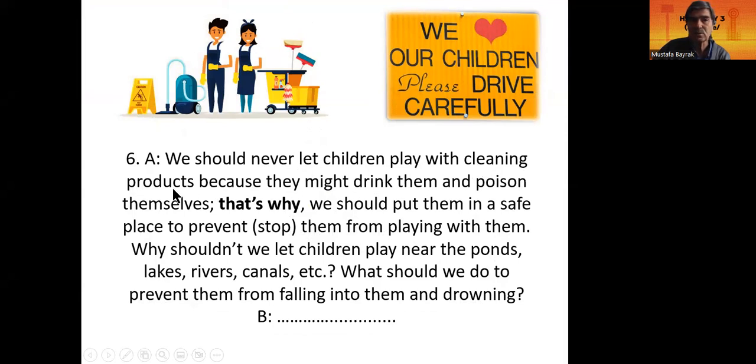play with cleaning products. Do you remember that we have studied this kind of message-giving? We should never permit children to play. We should never allow children to play, but we let somebody do.